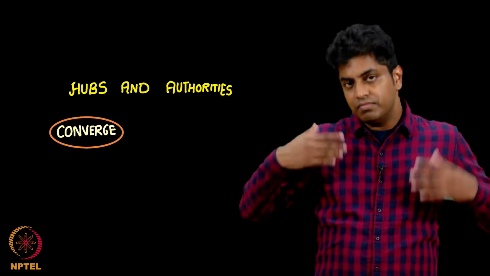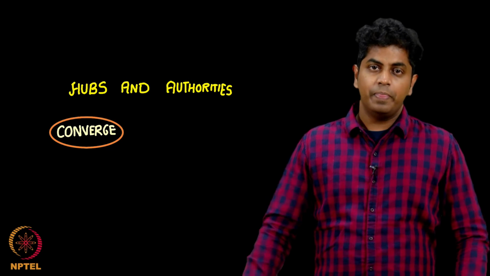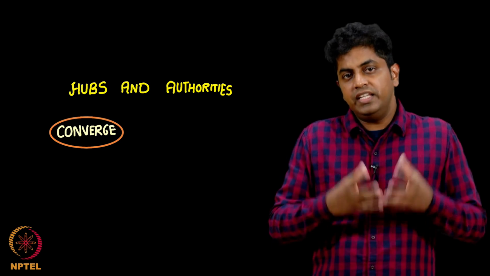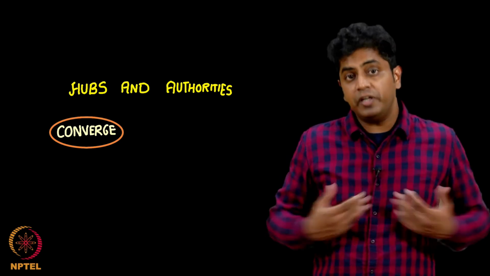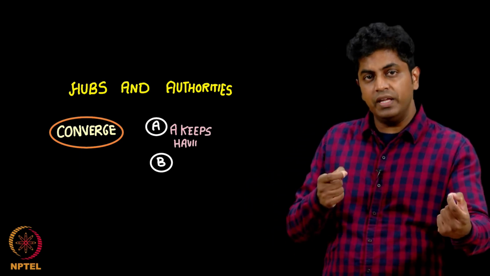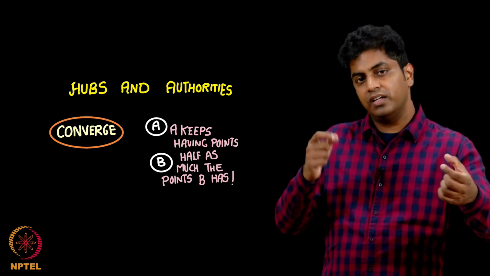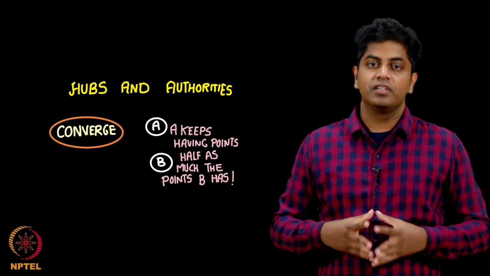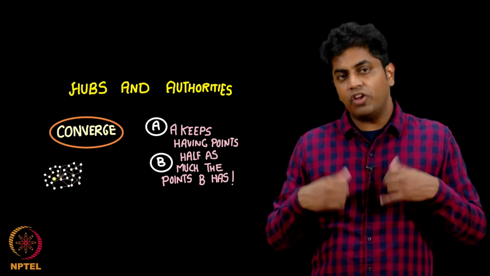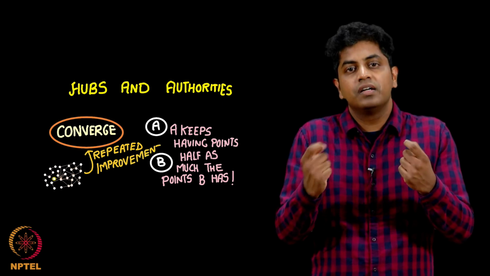At the end, after a long process, let us say you try several iterations, you will observe that the proportion of points that each node takes with respect to other nodes always remains the same. For example, if node A accumulates half as much as node B, it will continue to accumulate half as much as node B in the future. That is called the convergence state. So given any graph, the hub and authority scores converge as you keep applying the principle of repeated improvement.